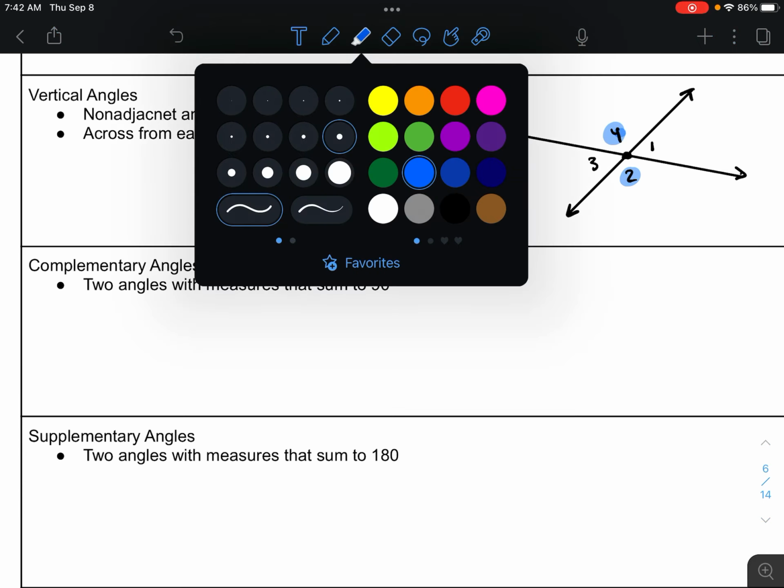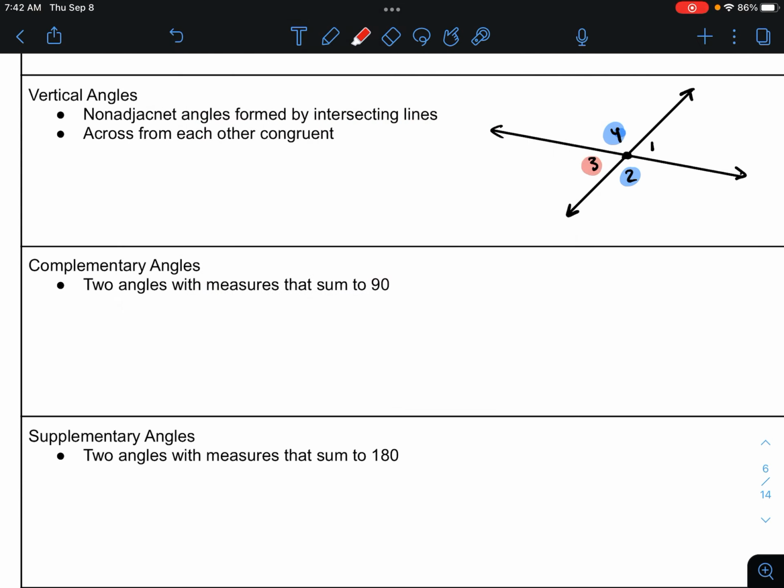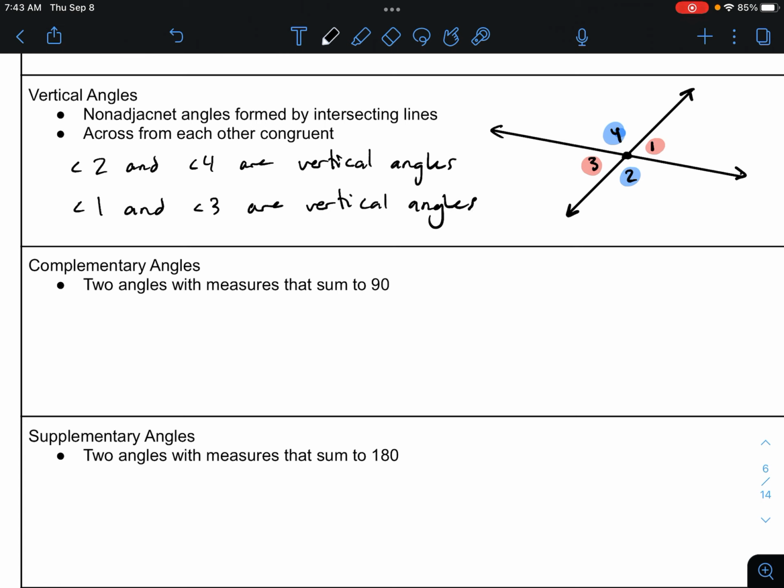They form a pair. And then across from 3 is angle 1. So angles 1 and 3 are vertical angles. They kind of have this pairing up relationship.